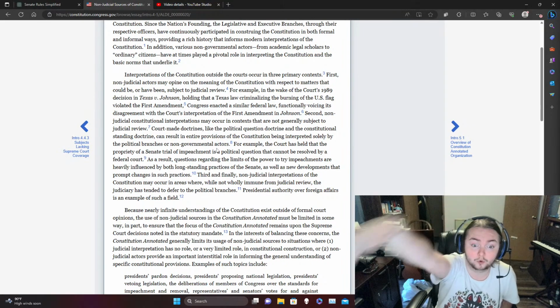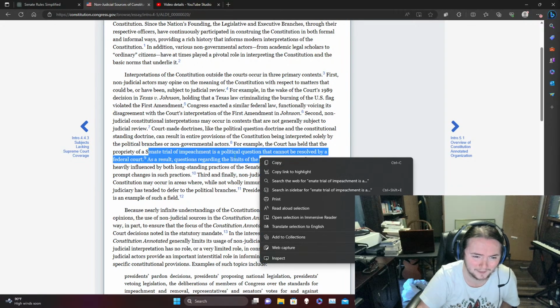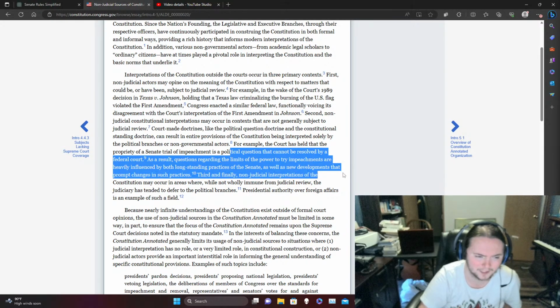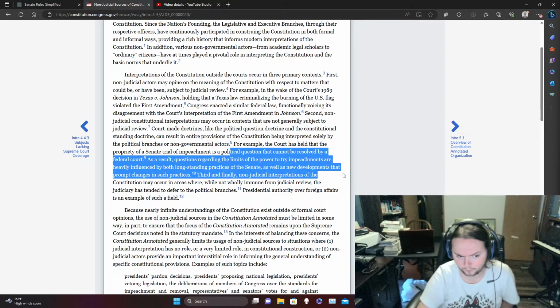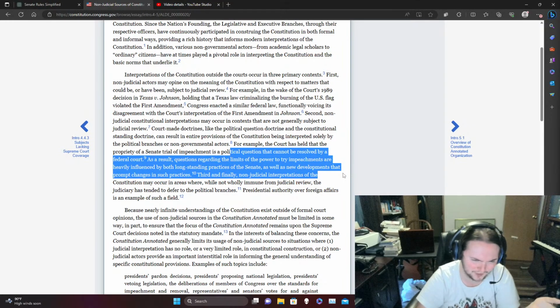For example, the court has held that the propriety of the Senate trial of impeachment is a political question that cannot be resolved by the federal court. As a result, questions regarding the limits of the power to try impeachments are heavily influenced by both long-standing practices of the Senate as well as new developments that prompt changes in such practices.